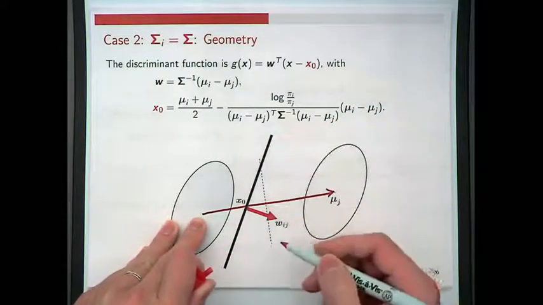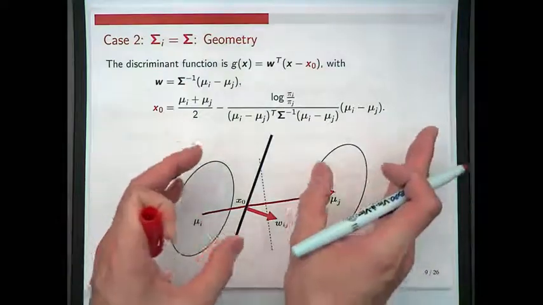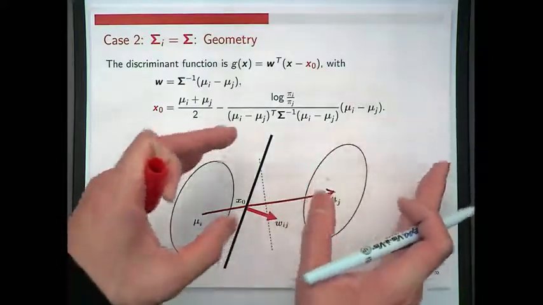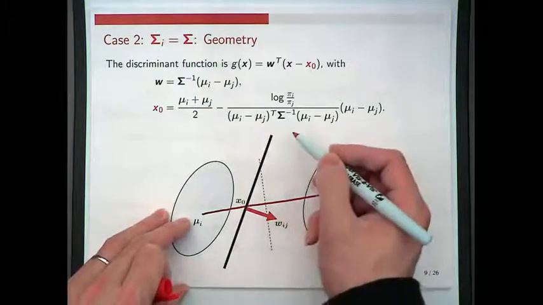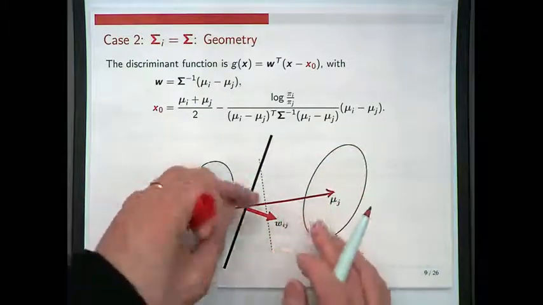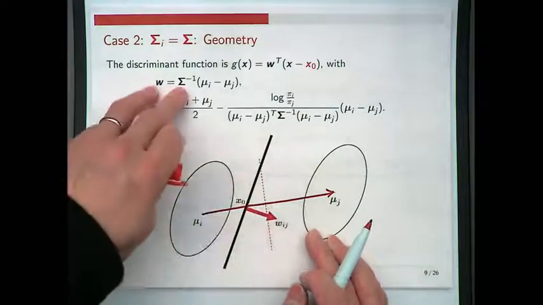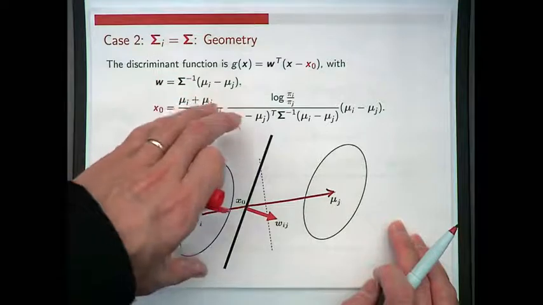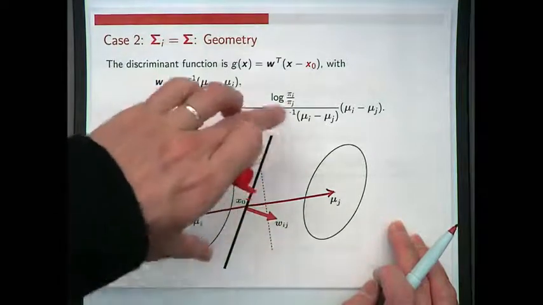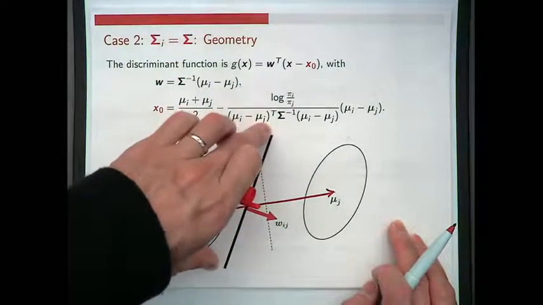However, that's not the separating hyperplane because we know that these two ellipses are rotated, and we know that this black line is the correct separating hyperplane. Now there's an angle here. This angle is really measured by this transformation sigma inverse. You do the sigma inverse because you want to rotate this dotted line to this solid line.